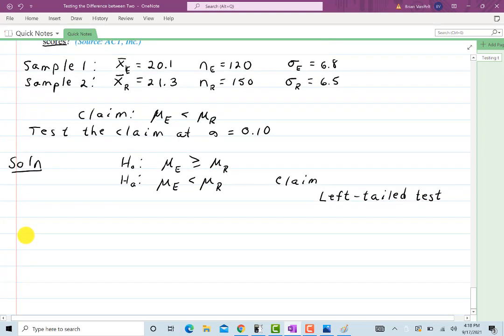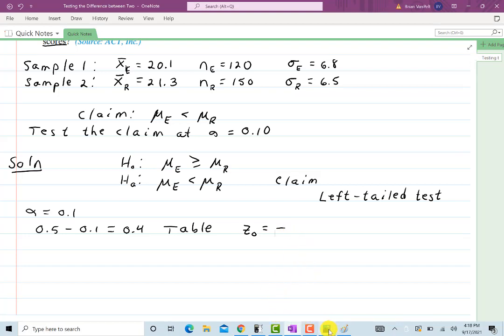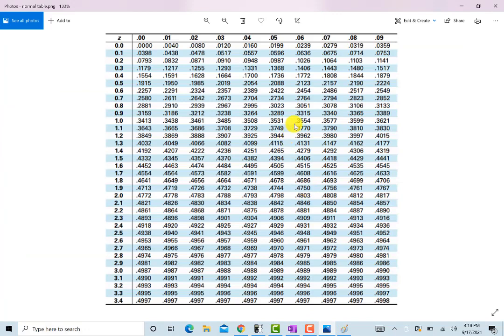So let's go ahead and then calculate our Z0. Our alpha equals 0.1. Now to use the Z table, I need to do 0.5 minus 0.1 equals 0.4. And from this, I can use the z table to tell me what the z0 value is. And remember, since it's a left-tailed test, this will be a negative number. So let me have my table. 0.4. It seems like we just looked this up.